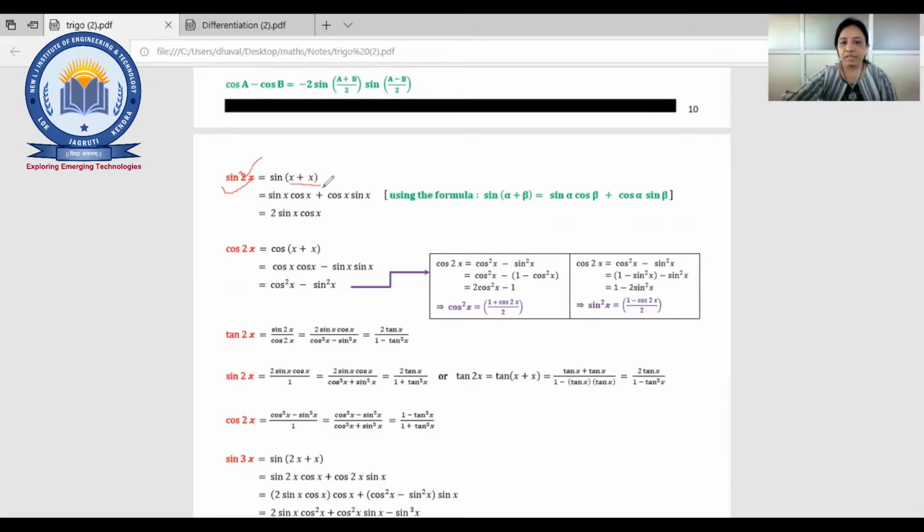That means if here it is x plus x, or A plus B, what are we going to do? Sin x cos x plus cos x sin x. That is the basic equation, right? This is now 2 sin x cos x. That means here 2 times this term, so it will be added. So we will get the answer, this, right? So that will be the easy one, this first one.